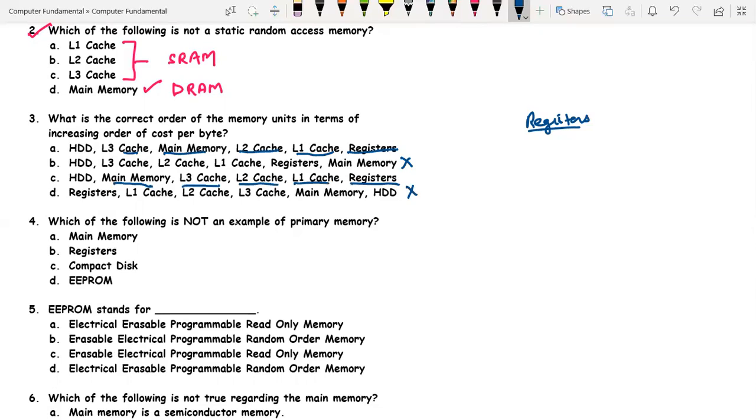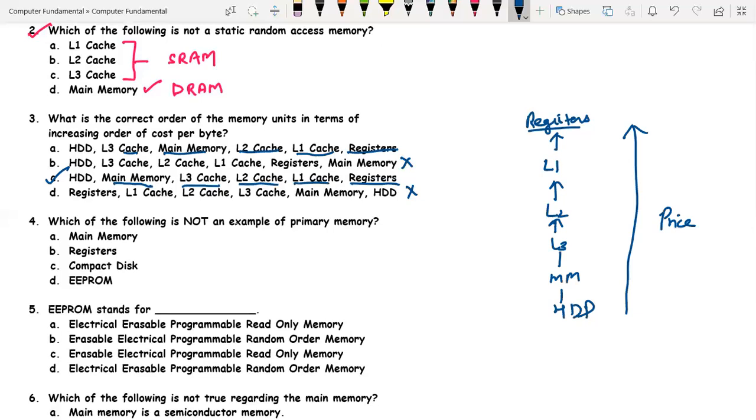So the correct option is C, because you already know that register, L1, then L2, then L3, then main memory, and then hard disk. And the price per unit byte is just increasing.